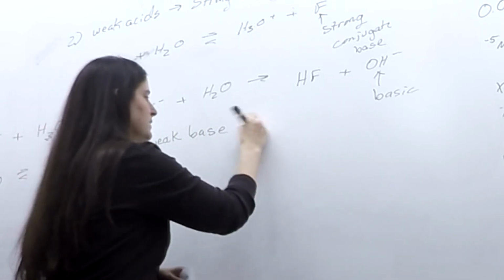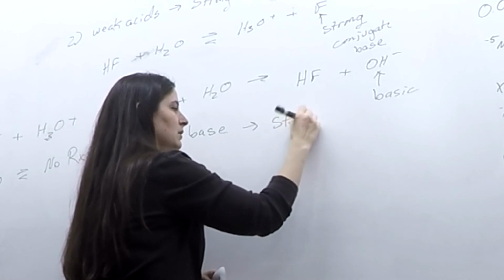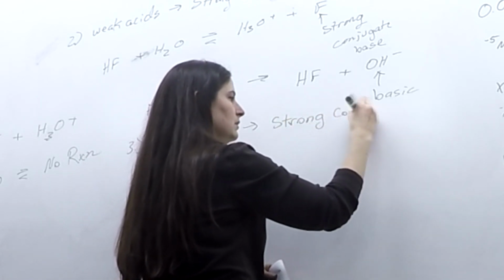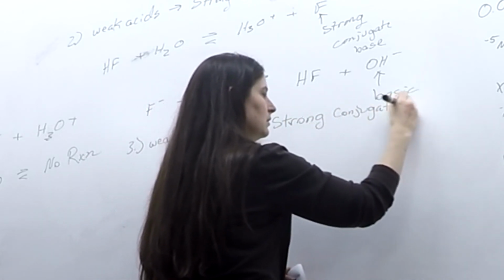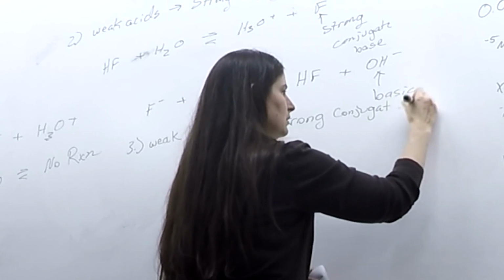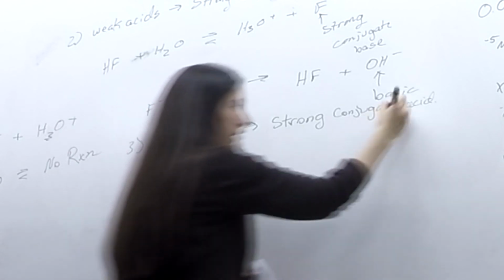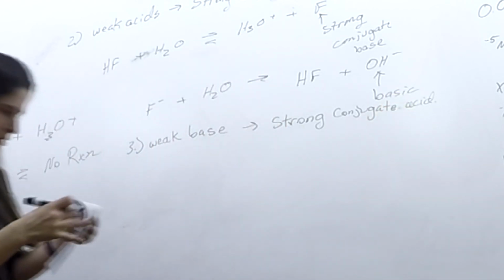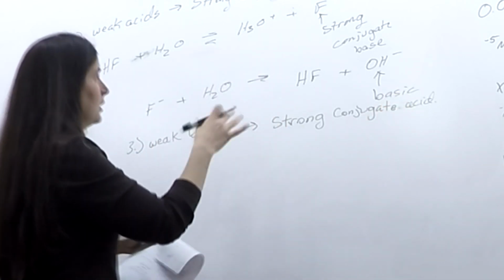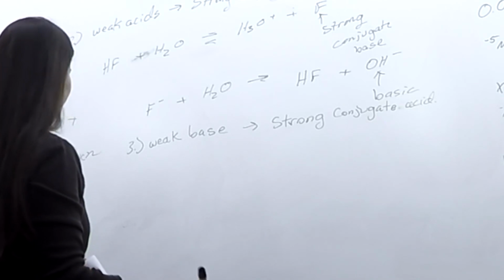The weak base does the same thing. It will make a strong conjugate acid. I wanted an example of a weak base.